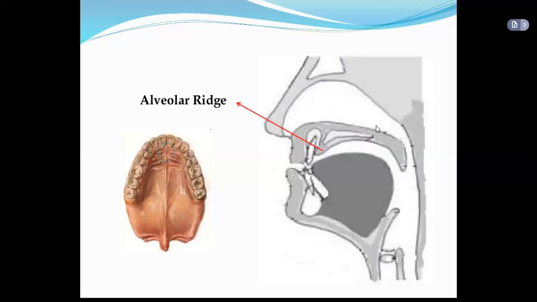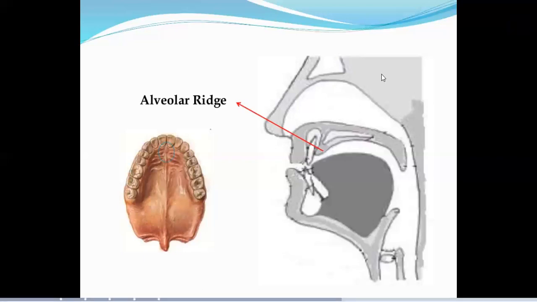Now, if you try to produce the t, you would need the blade of the tongue, which we explained during the class, and you would also need the alveolar ridge in order to produce this sound. If you try to move your tongue to the back or to the front, you will not be able to produce any of these sounds correctly.